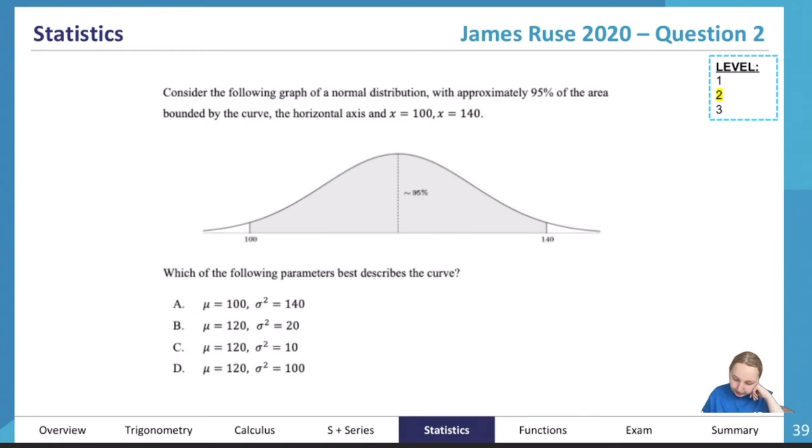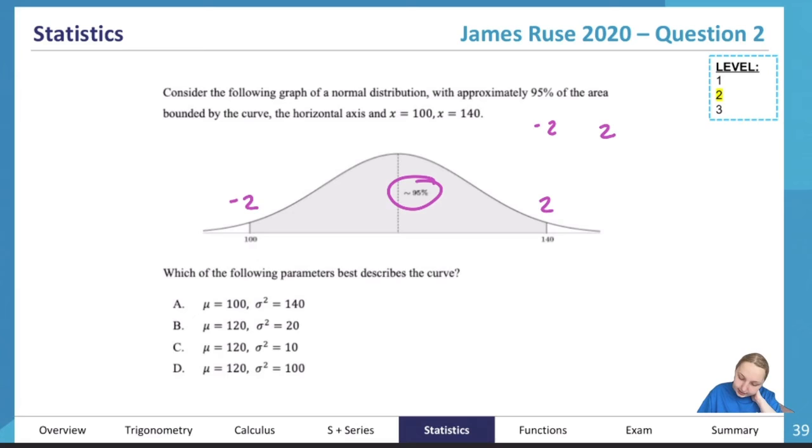So immediately 95% should be triggering alarm bells, thinking of your empirical distribution, that your z-scores between -2 and 2 are going to give you 95% of the data. So this is going to be -2 and this is going to be 2, okay?